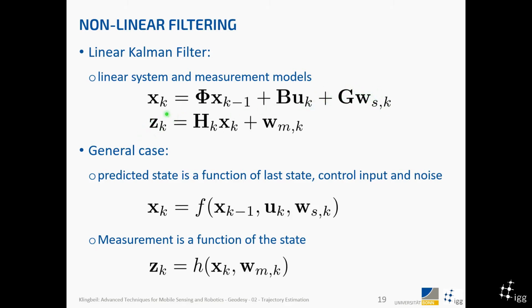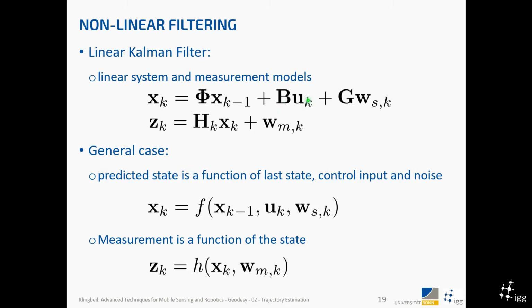And this here is the measurement. It tells us the measurement model H here. It's a matrix in this case, and it tells us what the measurement is if this is our state. And of course there's some noise as well. So this was a Kalman filter.